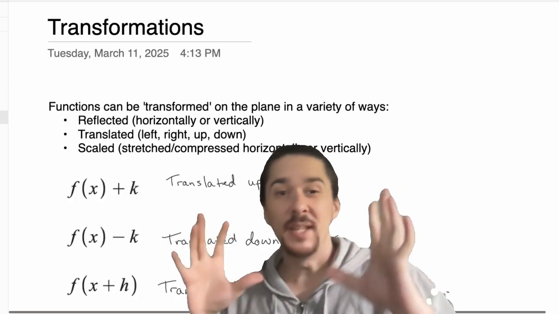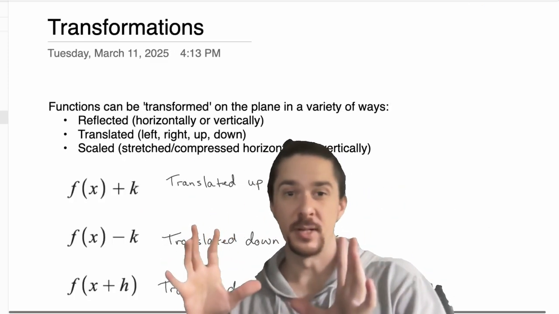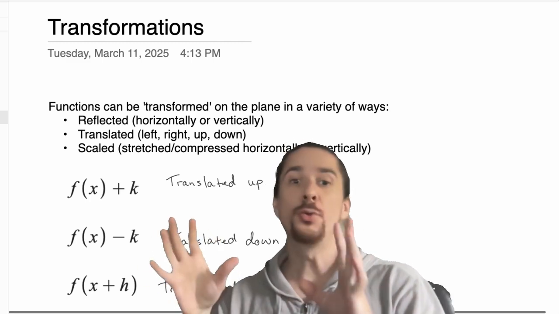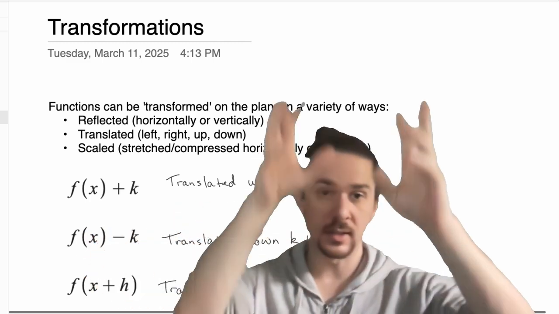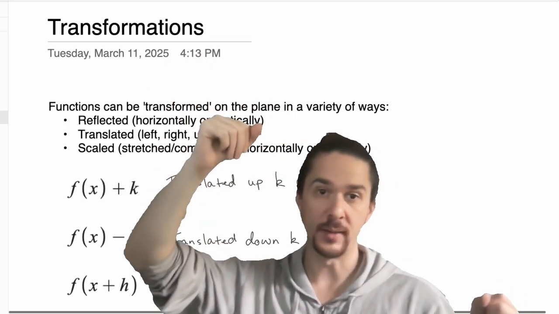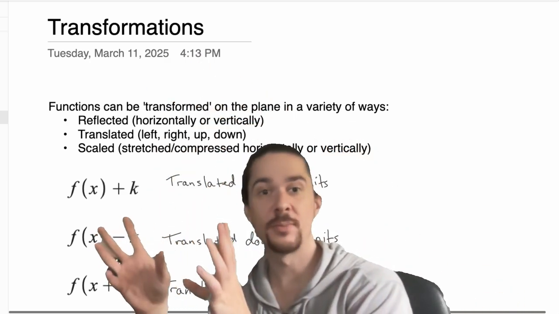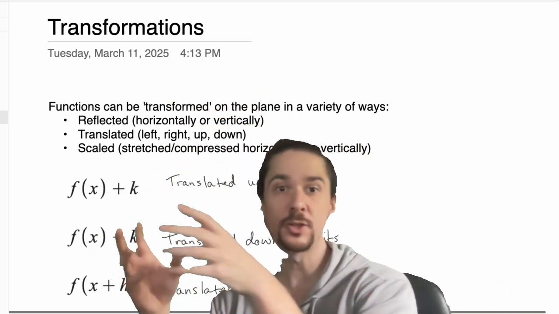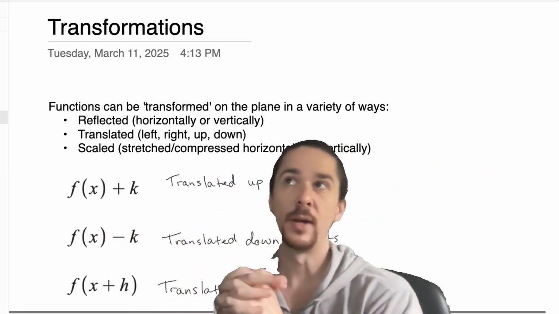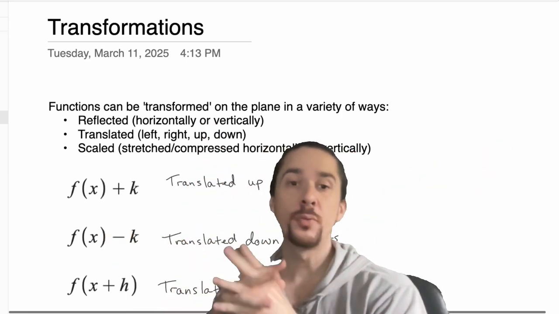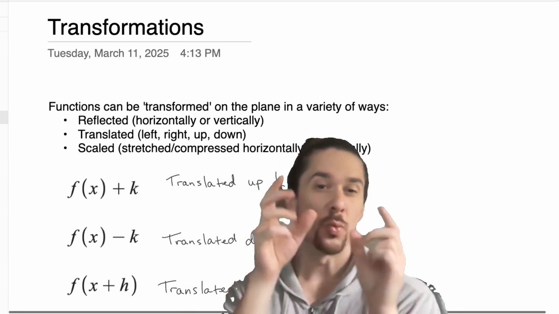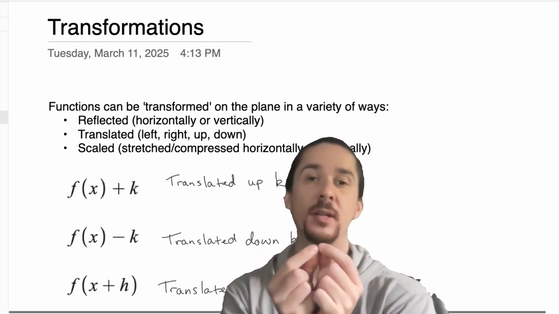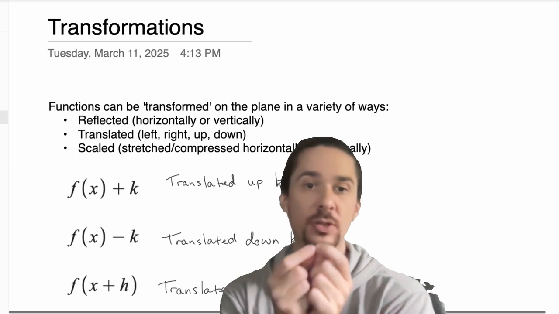Transformations are one of the most important things for you to understand. The reason is you could be given a question that says, take this function, move it to this place, and stretch it in this way. So you would need to understand transformations in order to modify the function to transform it in that way. However, you could also be given a function and you can recognize what is the fundamental function here and what transformations have been applied.